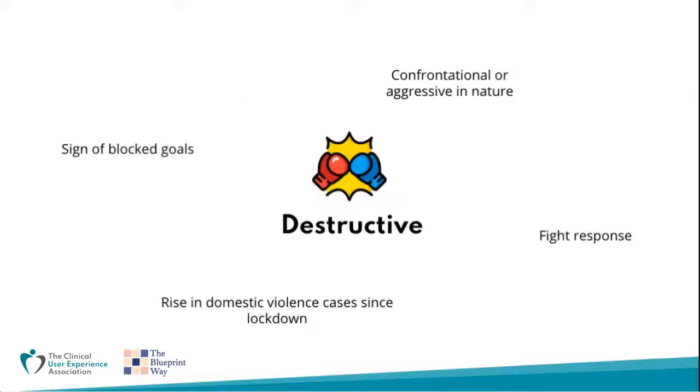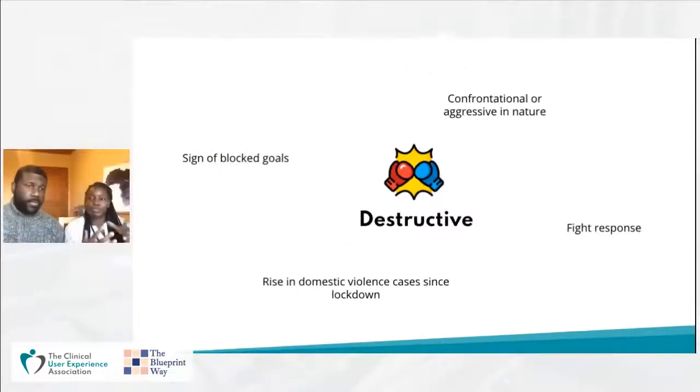Then the destructive, that's kind of what overlaps with what we know as the fight response, in the case of trauma or attack. So it's being confrontational, it's being aggressive in nature, but the core emotion here is one of anger. And anger, when it comes to the world of psychology, is actually a sign of a goal being blocked or frustrated.